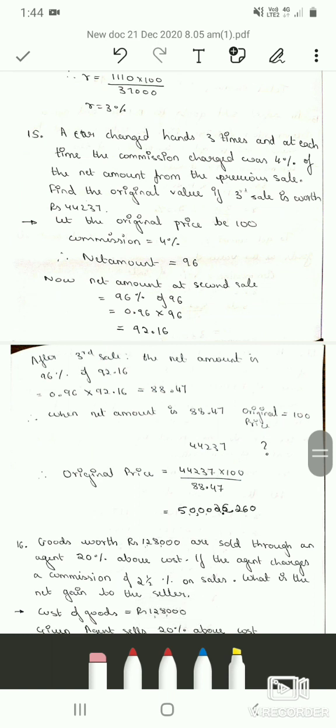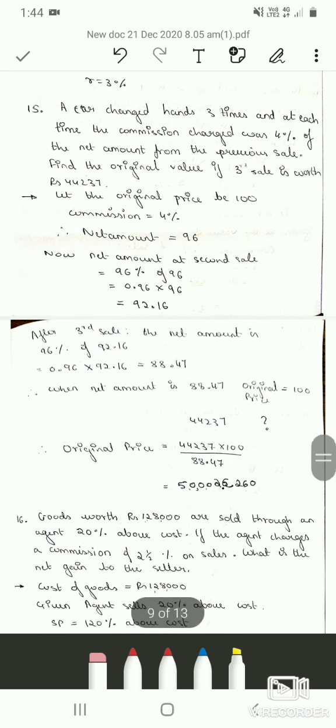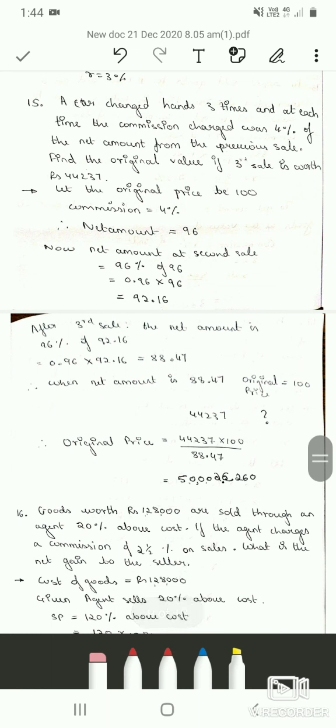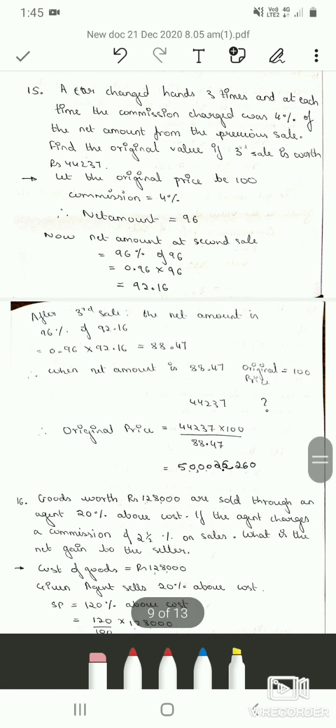The question is, a car changed hands 3 times and each time the commission charged was 4% of the net amount from the previous sale. Find the original value if the third sale is worth rupees 44,237. So what they have said is, there is a car which is being sold 3 times.